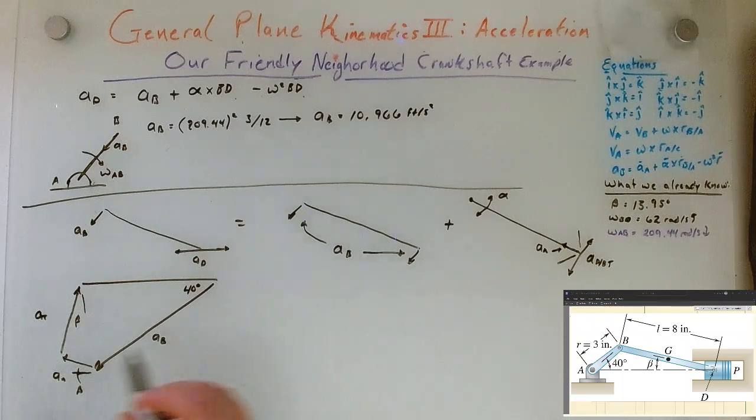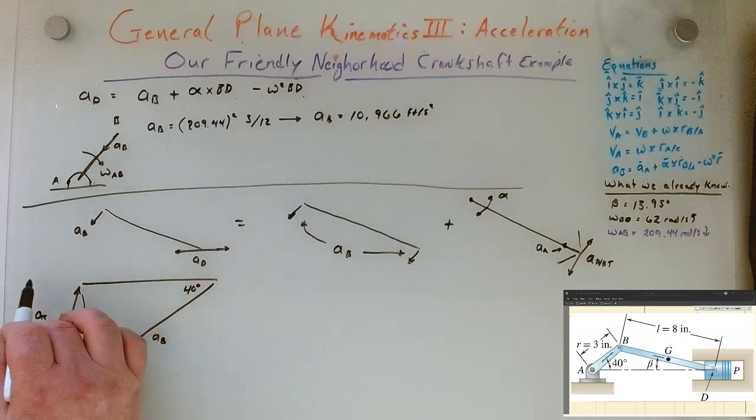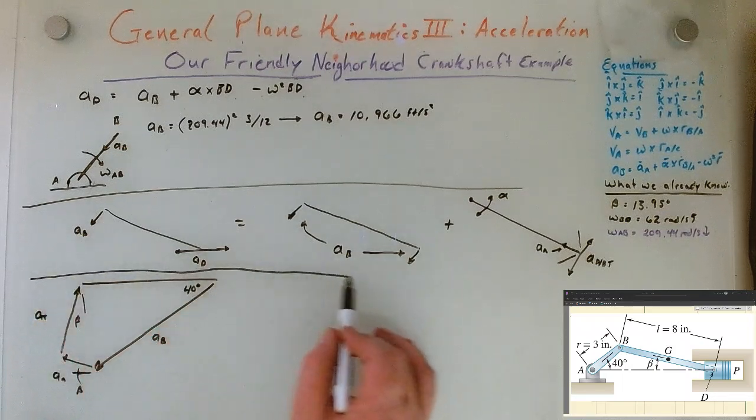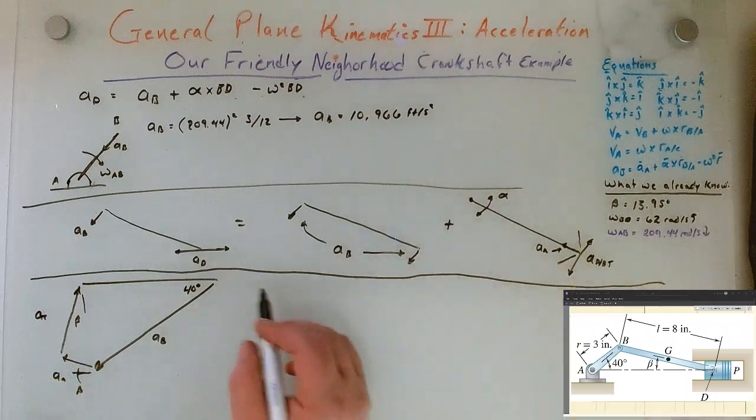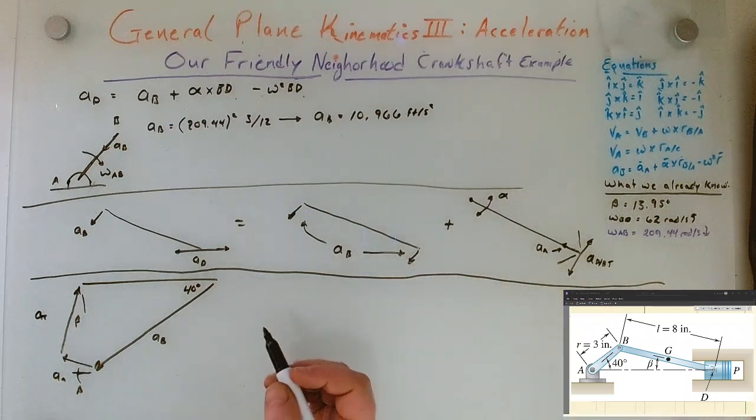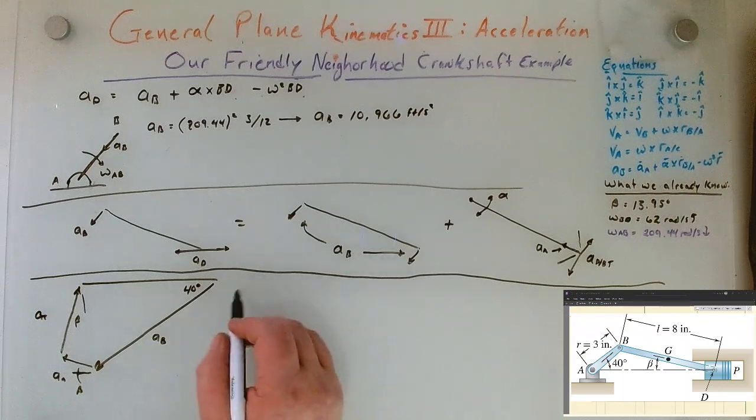All right, and then what? Then we need to look at the omegas. Okay, so what we can do is we can start calculating the a sub n, a sub t, right? And let's see, which one do we want to play with first? Let's look at a sub n.